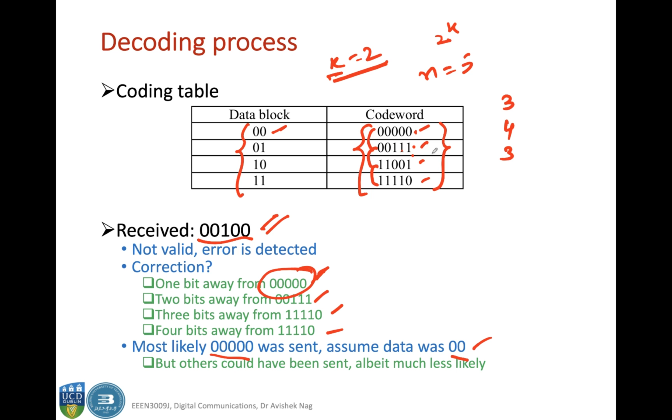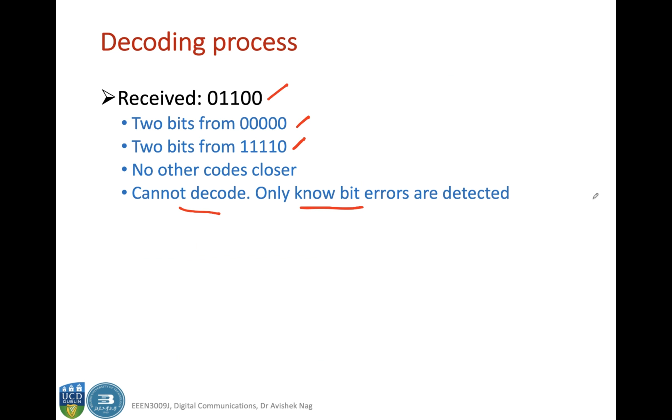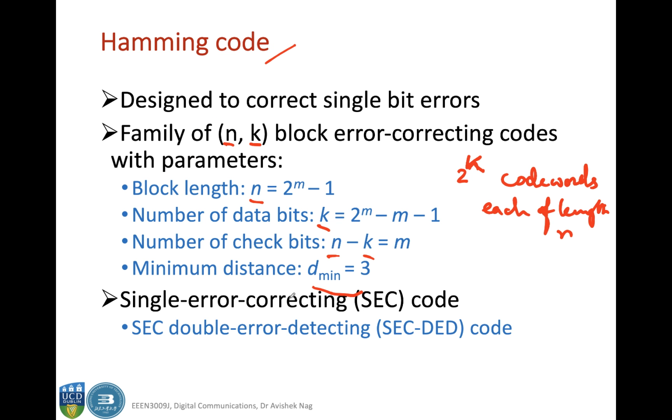If you calculate the pairwise Hamming distances and then find the minimum from this set, that is your d min. So d min is also a parameter of the code, and Hamming codes are generated for a d min of 3.